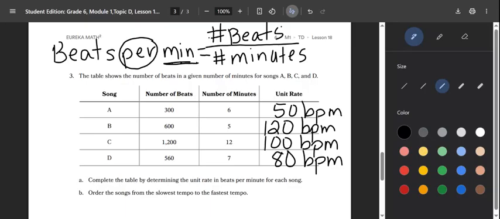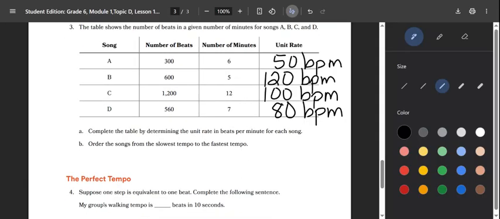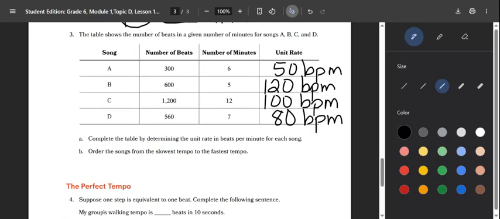So A said to complete the table by determining the unit rate in beats per minute for each song, and that's what we did. Now B says to order the songs from the slowest tempo to the fastest tempo. Well, the fastest tempo is going to be the ones with more beats per minute.